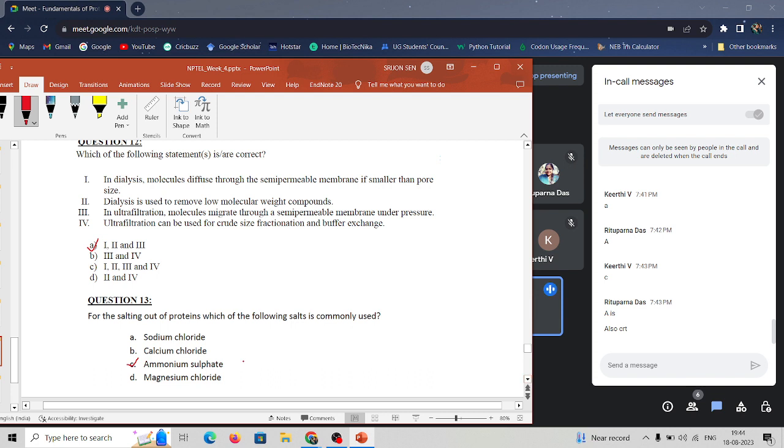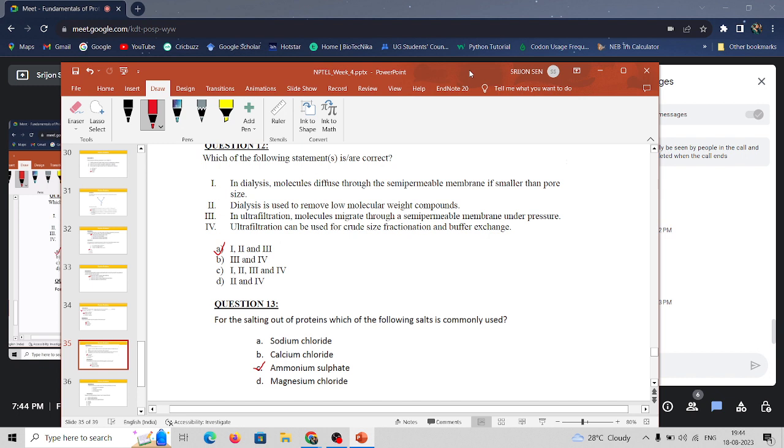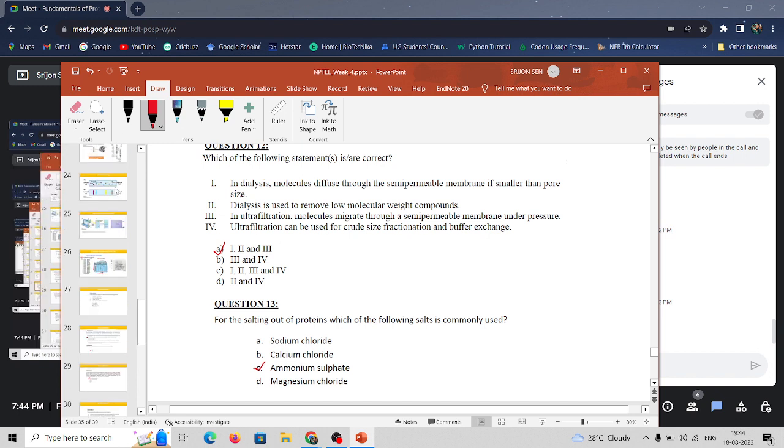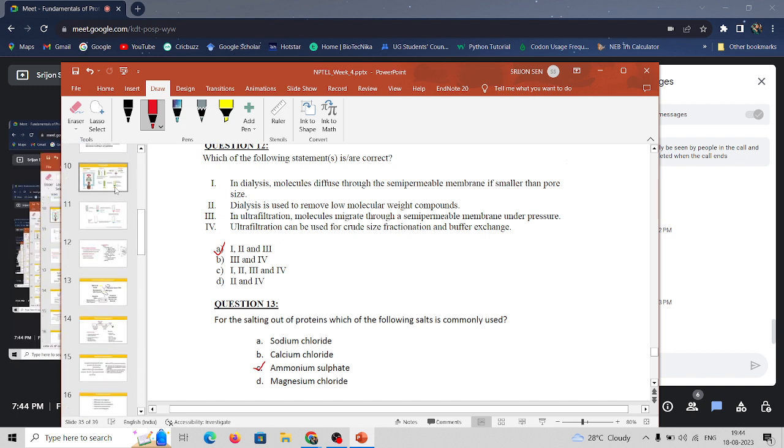No, you have to choose only one. See, ammonium was at the end of it, and sulfate was also at the end of it. So if you use ammonium sulfate, it will help you in the salting out. So try to recollect what I said in the Hofmeister series. Okay, so if you see over here, where is the series? Let me see.